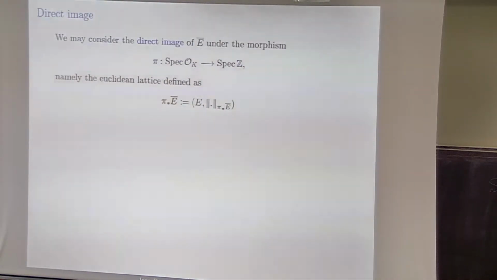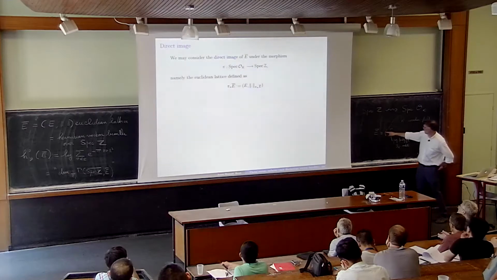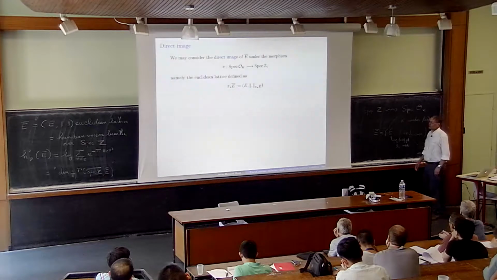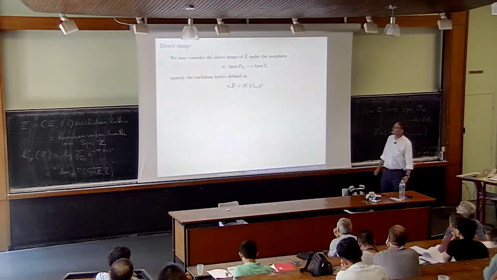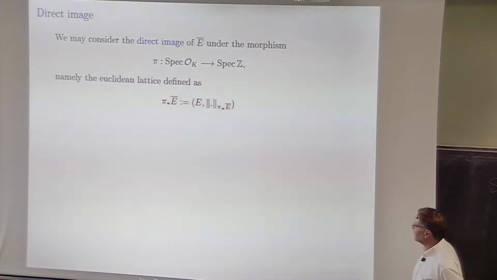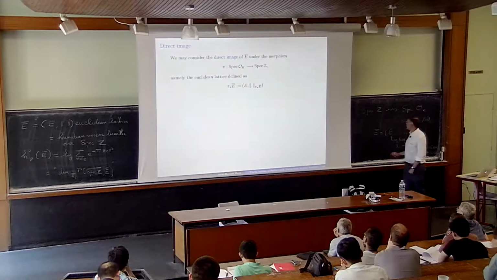Now in this situation, from this Hermitian vector bundle over spec OK, you may construct some Hermitian lattice over spec Z by the Arakelov version of the classical construction of direct image.